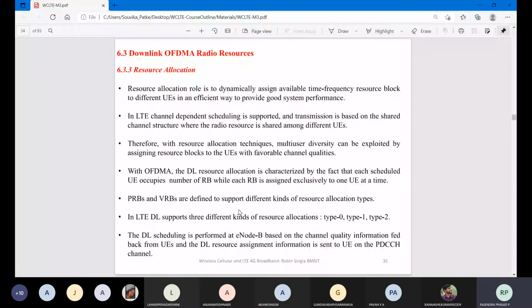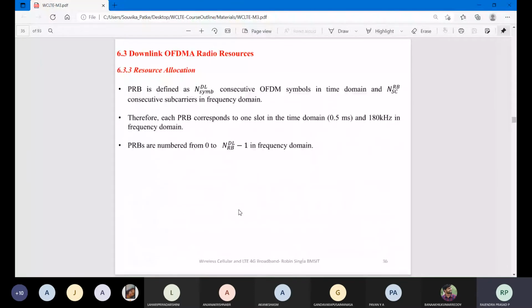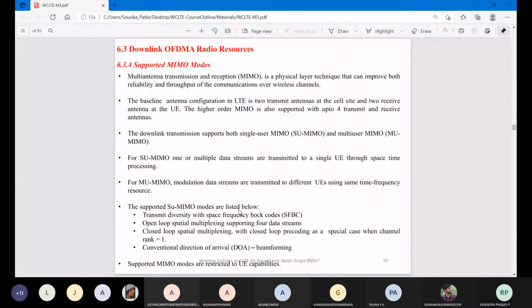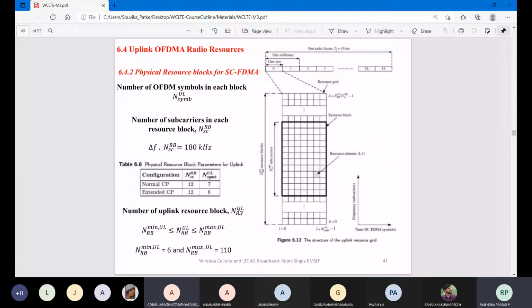Yesterday we started with how this resource allocation will be done. The same thing applies with respect to OFDMA and SC-FDMA in the uplink part. These are the specific conditions which they have given.